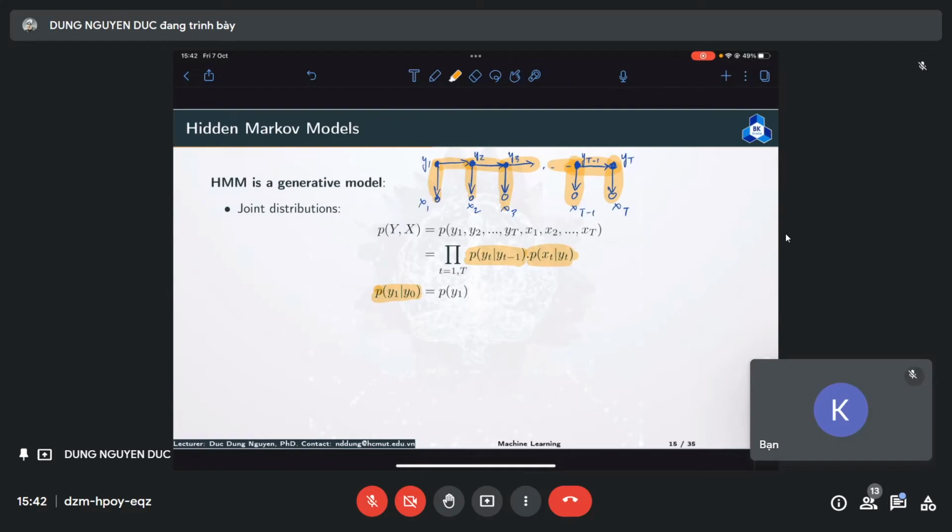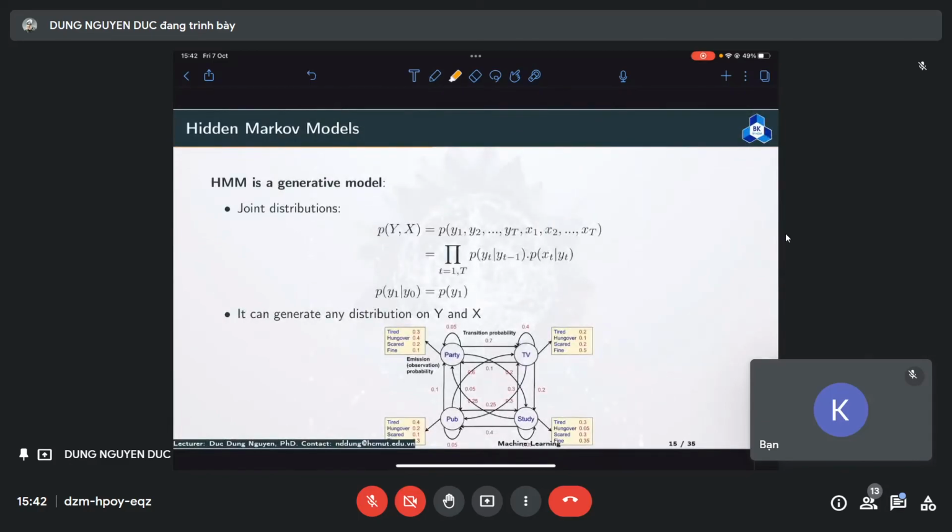So this conditional probability is nothing but the probability of observing y1 as the first state. Okay, so that is why we call these generative models, because you can easily calculate the joint probability between the hidden state and the observation.